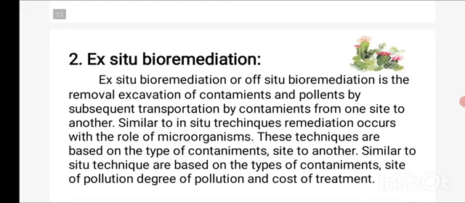Ex situ bioremediation, or off-site bioremediation, is the removal of contaminants by transporting contaminants from one site to another. Similar to in situ remediation, these techniques are based on the type of contaminants, the site, and the degree of pollution.